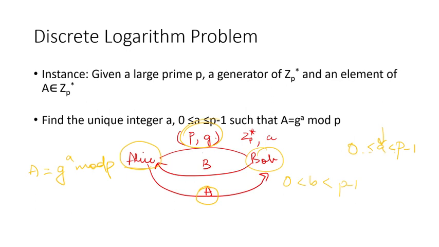So by using a brute force algorithm, the attacker can change the value of a until they get that particular number itself. So they can know the key, and that is what is termed the discrete logarithmic problem: they would be able to identify the value of a, which was the secret just for Alice, given that they know A, P and G.